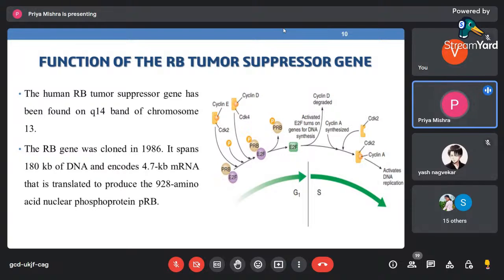After the S phase, pRB is again dephosphorylated, which makes E2F inactive. If both the alleles are mutated in a cell, then pRB is unstable and does not bind to the E2F transcription factor, which results in unprogrammed cell division, and that will form a cancer.